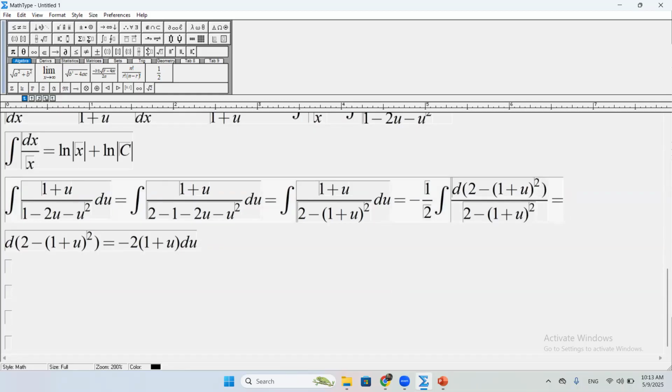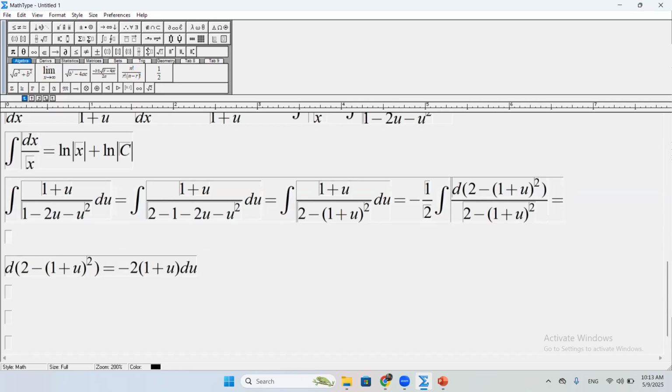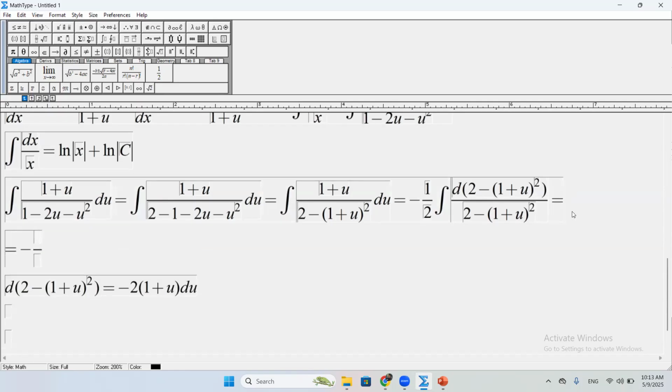So it will be minus 1 over 2 logarithm of module 2 minus (1 plus u) square. So let's write down the answer. So it is the following.